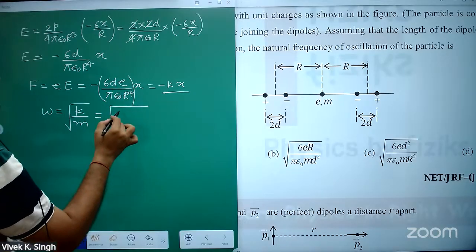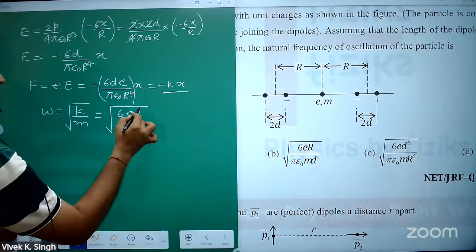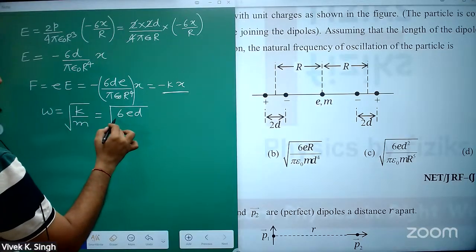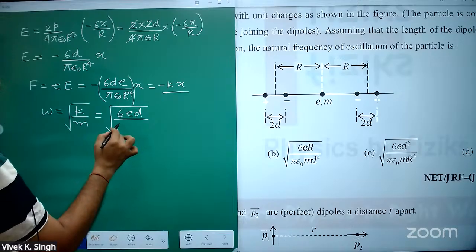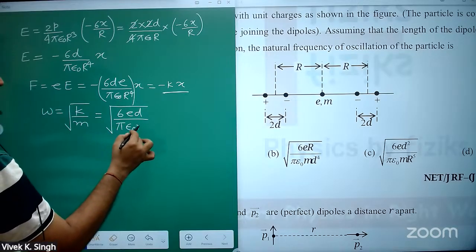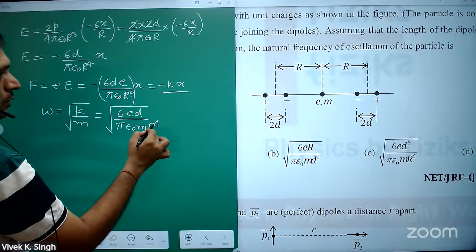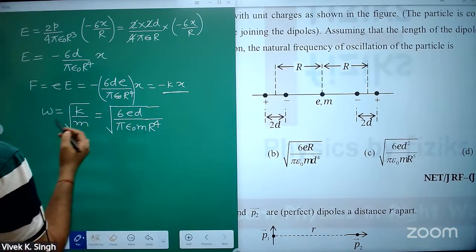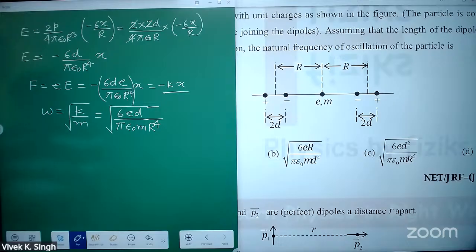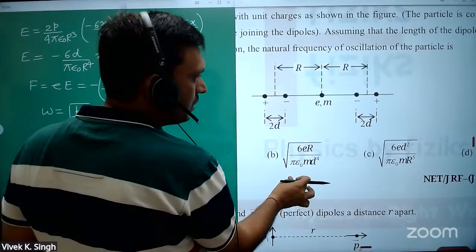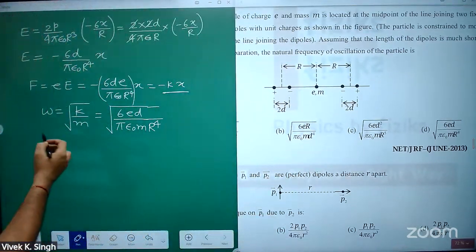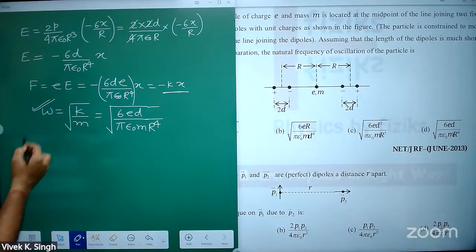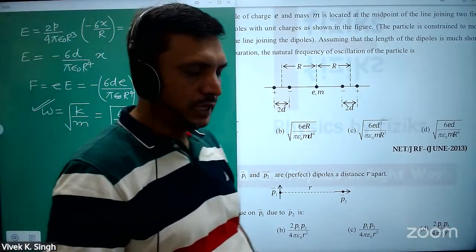So you will get 6 qd by pi epsilon naught m r power 4. So which one is correct here? The C. Yes, the fourth option is correct. So this will be the angular frequency of oscillation.